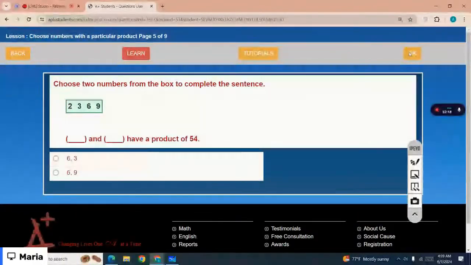Choose two numbers from the box to complete the sentence. Dash and dash have a product of 54. So which is the correct option?